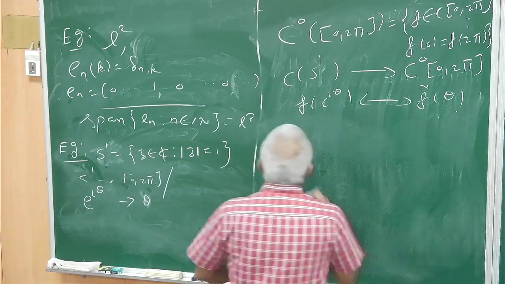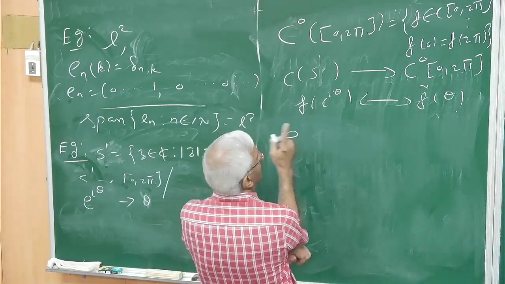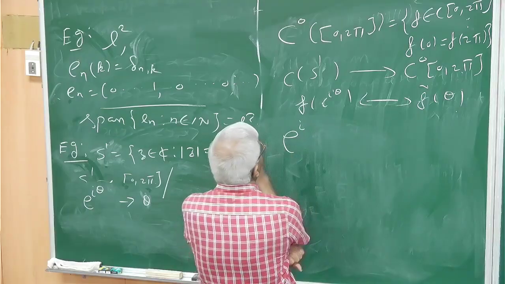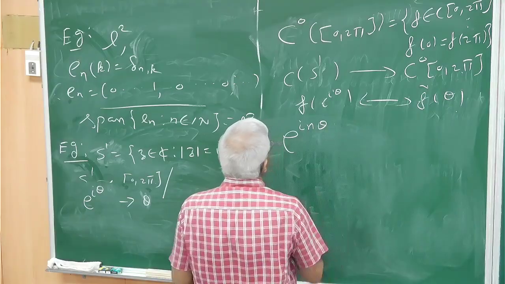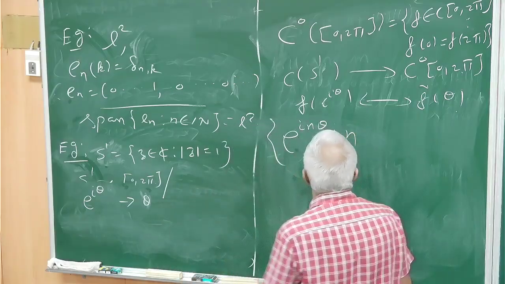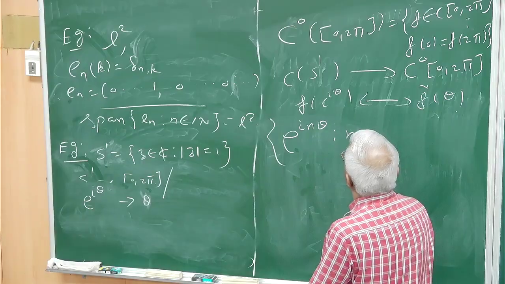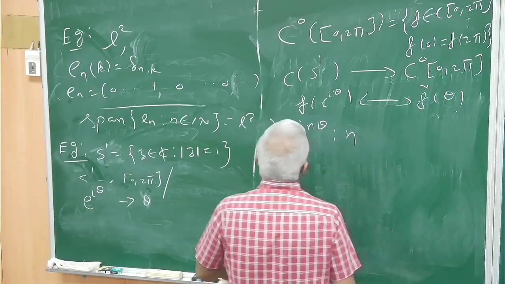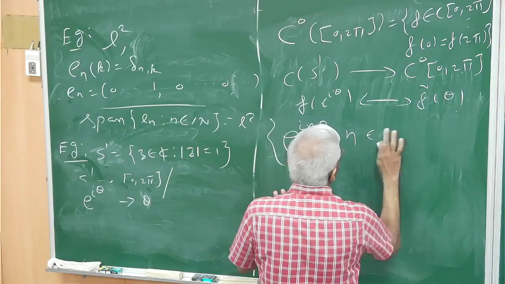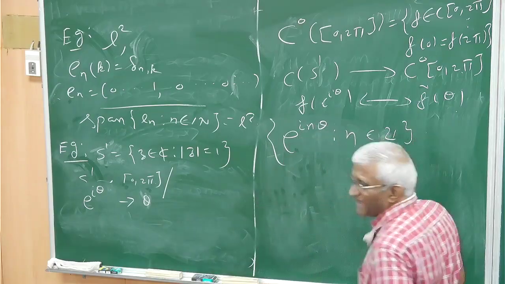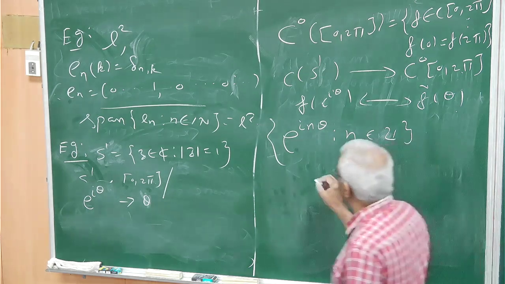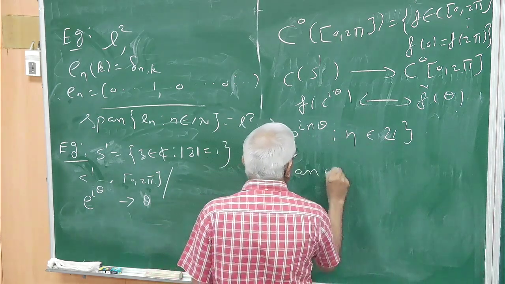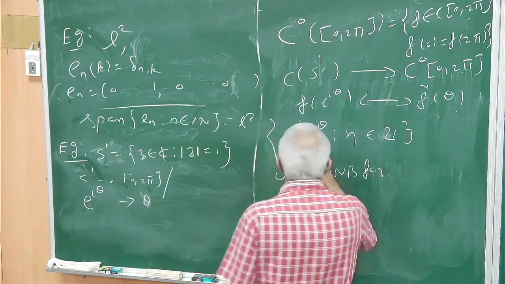Let's take e power i n theta, n in Z. Here we can have an orthonormal basis indexed by anything; here it is indexed by Z. It is an orthonormal basis, and we'll prove it later.